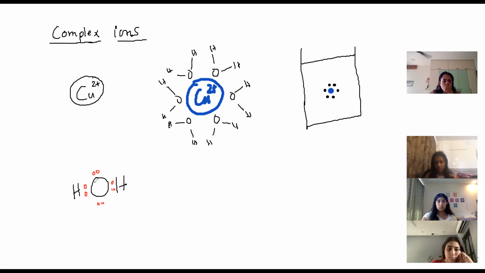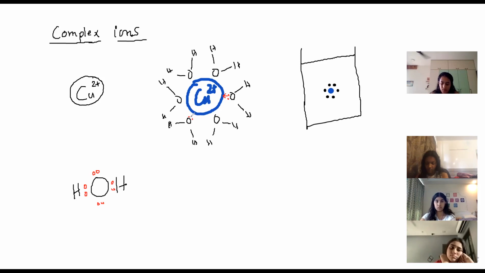So the lone pairs of electrons are on the oxygen. The lone pair of electrons on oxygen will form a coordinate bond with the copper ion. This is what a coordinate bond is. We have already seen that in the bonding part.